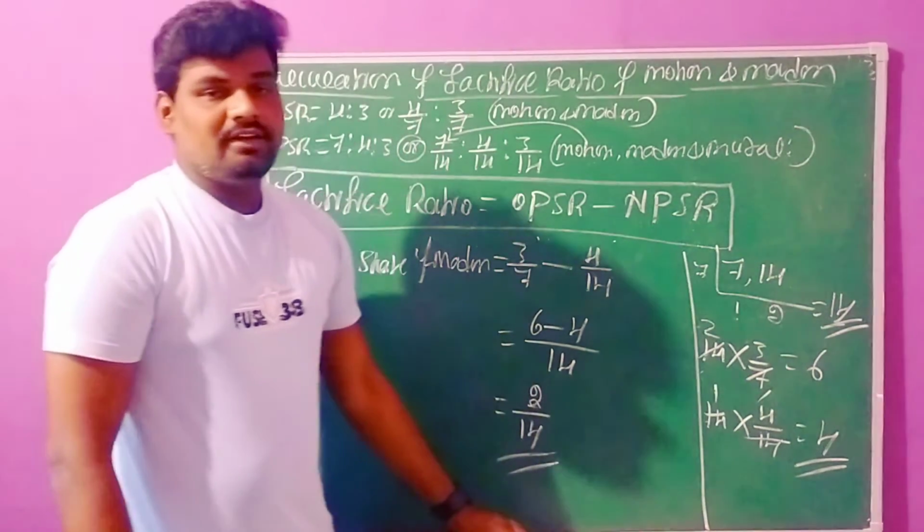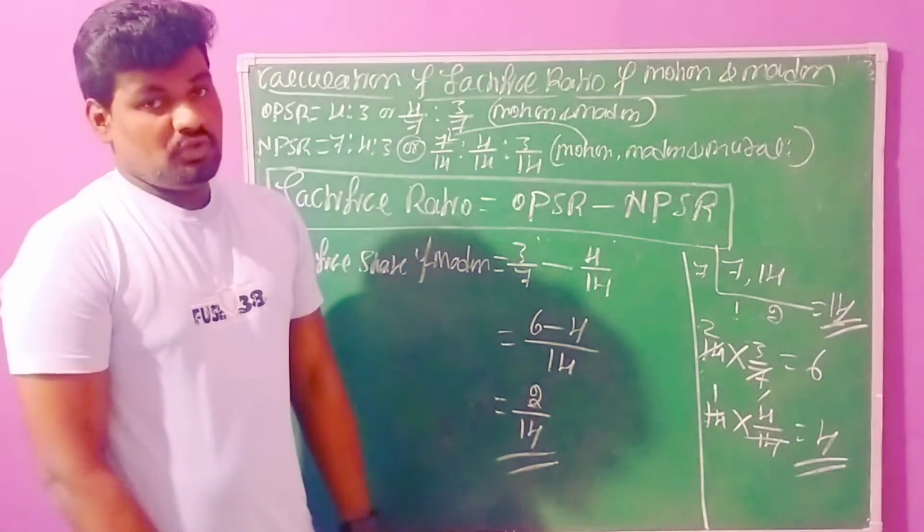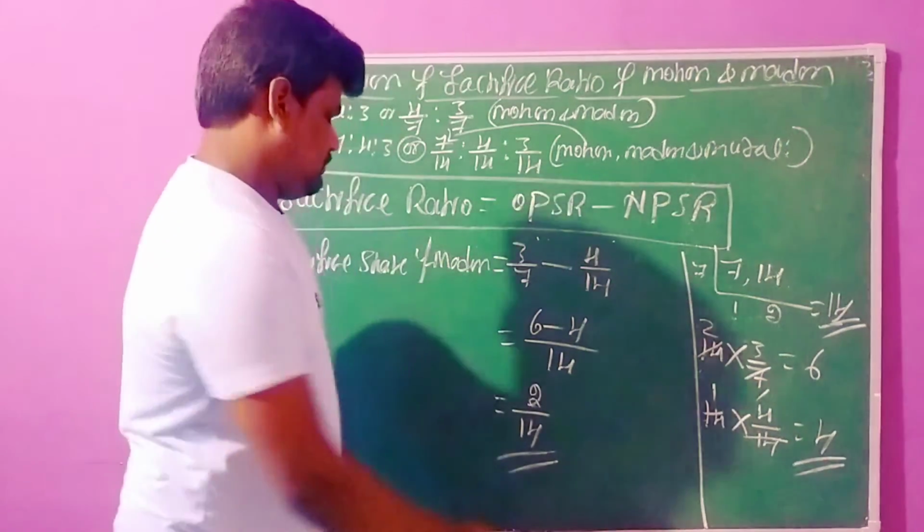As of now, we have calculated both the partners' sacrifice shares. Now we need to simplify the ratio.